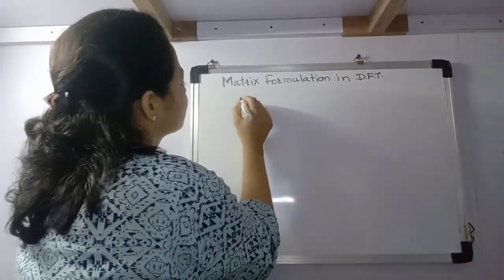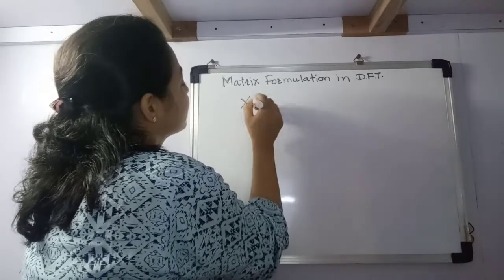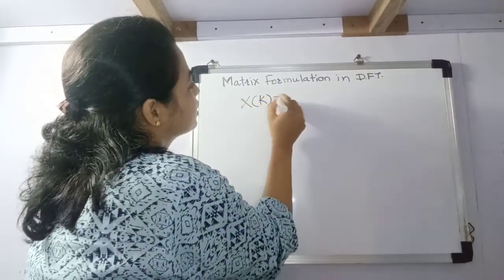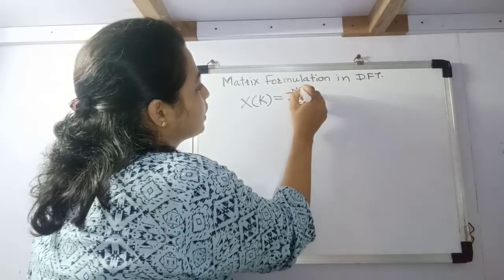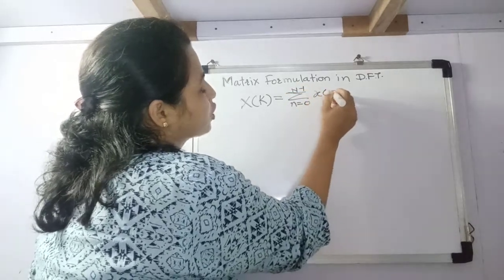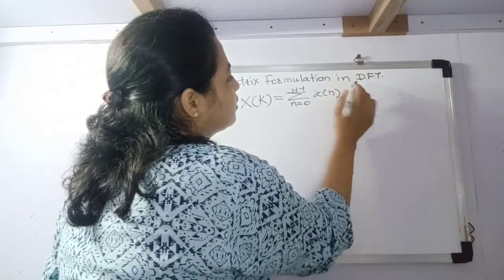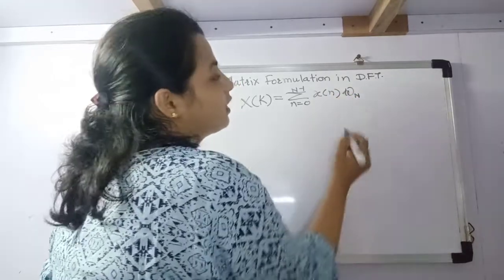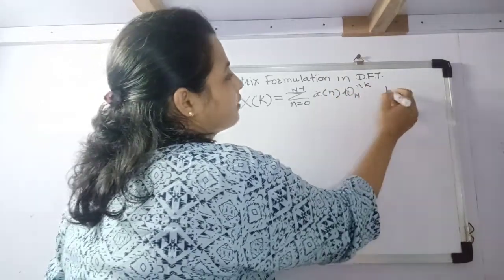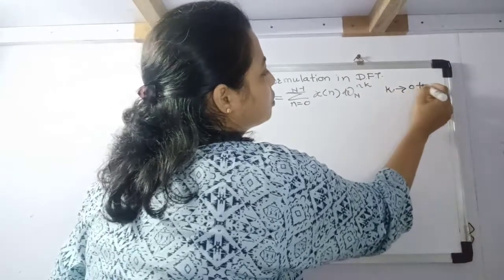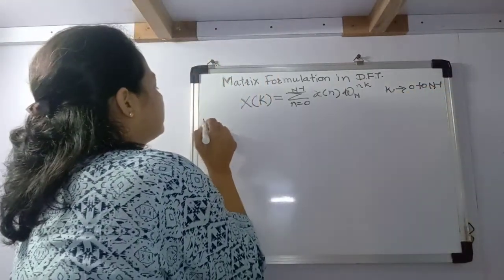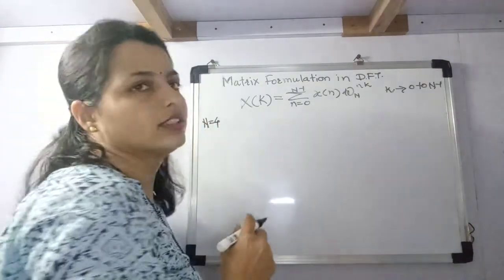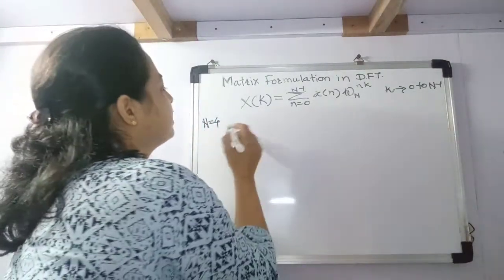X of k is equal to the sum, n varying from 0 to N minus 1, x of n, written in terms of the twiddle factor W_N raised to nk, where k is varying from 0 to N minus 1. We'll take a specific example of N equal to 4 for simplicity.